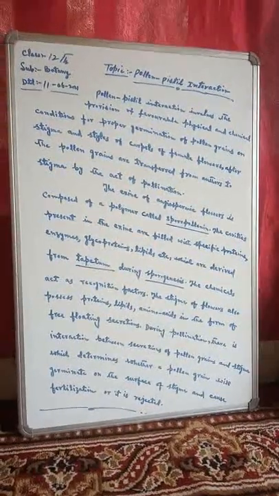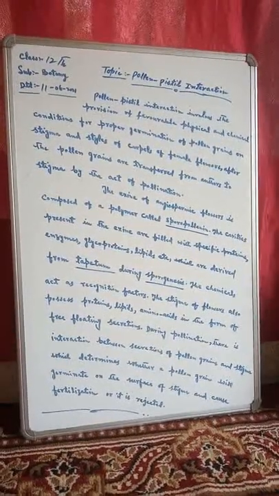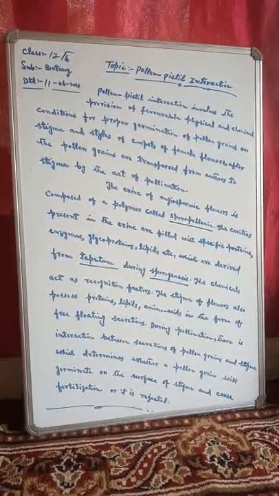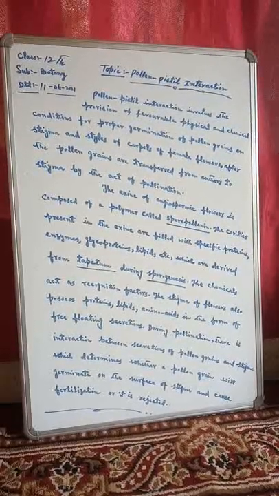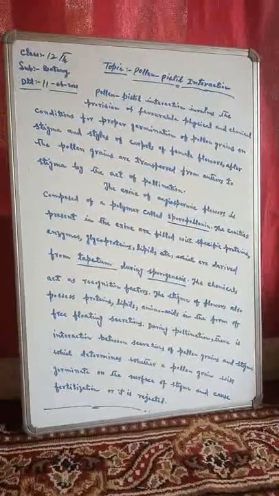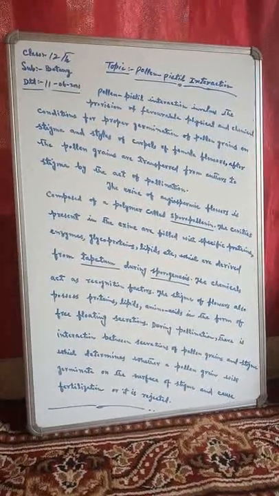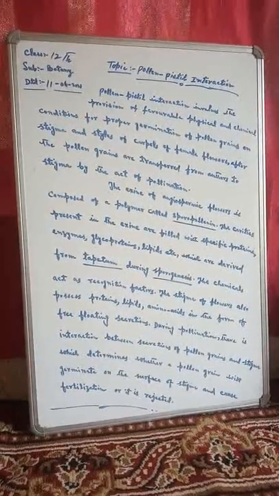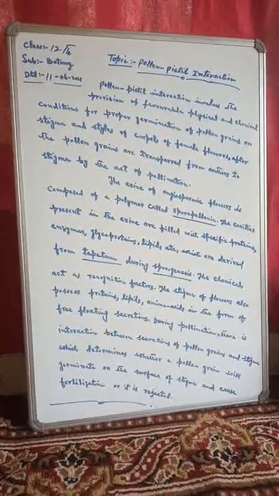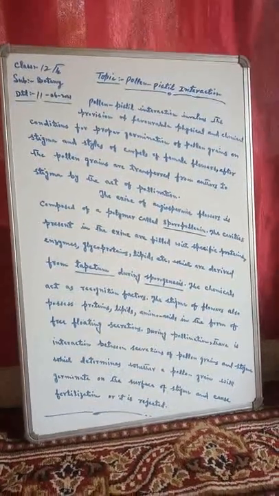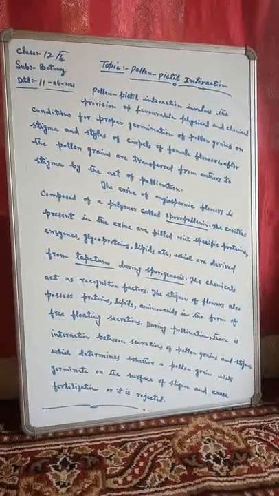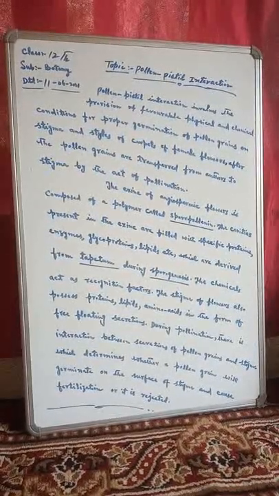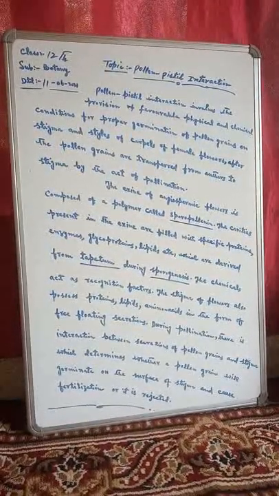You should remember here that the pollen-pistil interaction happens only when there are favorable physical and chemical conditions, and that will govern the proper germination of pollen grains on the stigma.